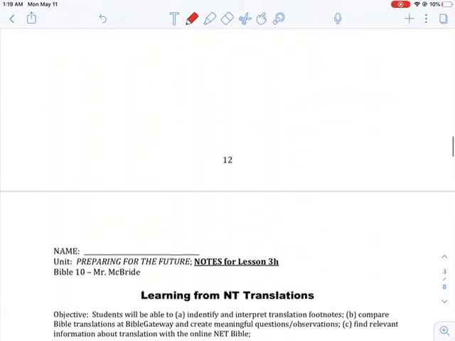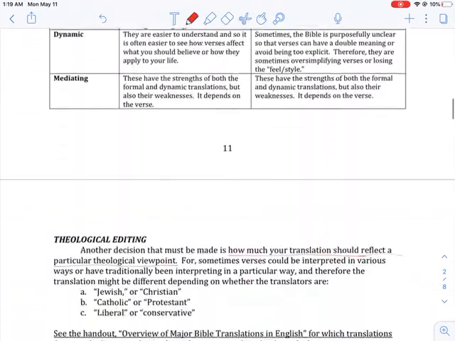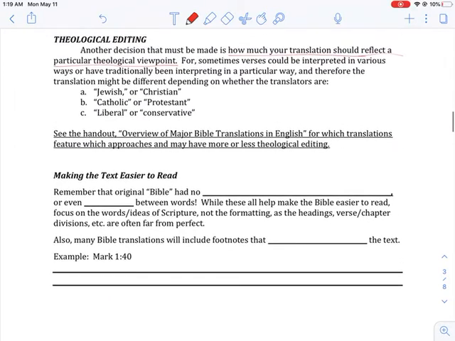So all that goes to show that there are different translations, and there are different ways that Bibles fudge translations in order to show a particular viewpoint. Another issue to remember is that many Bibles today are made to be easier to read.